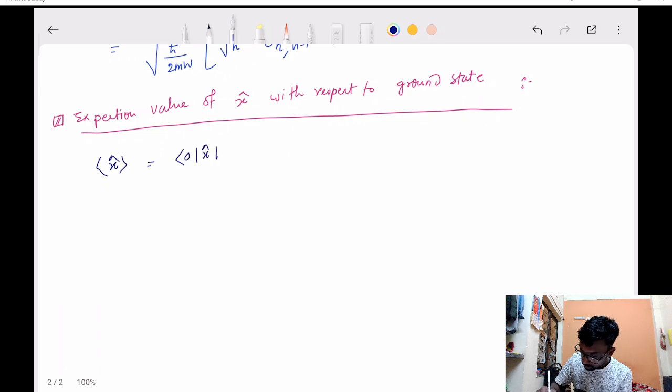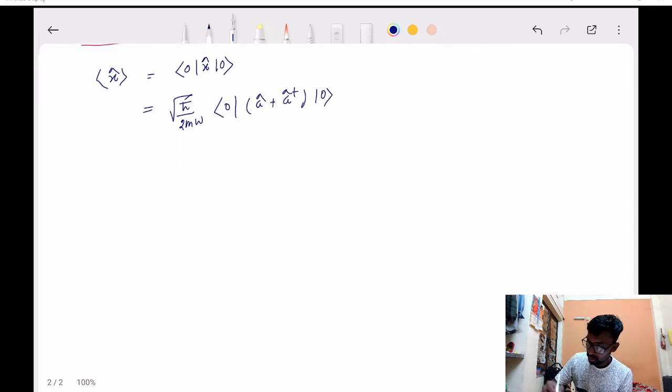That means this is equal to h cut upon 2m omega 0, a cap plus a cap dagger, 0 ket.